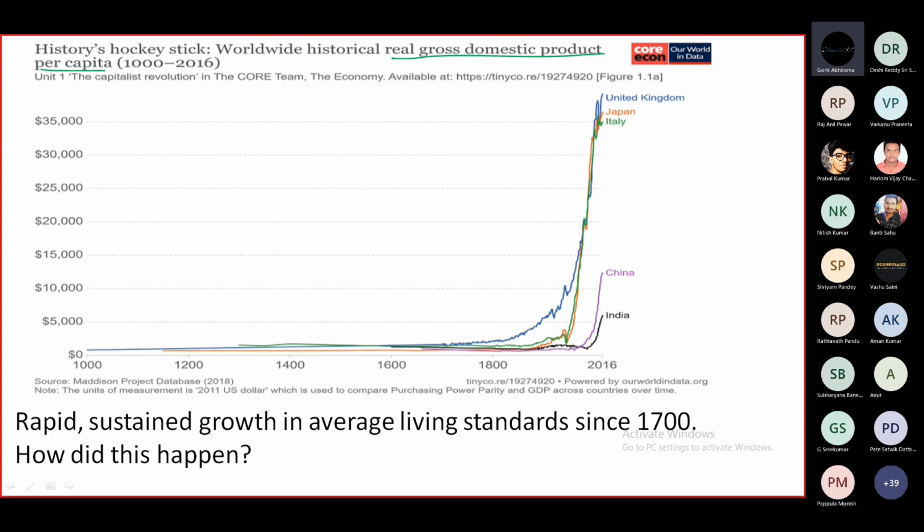We can generate a graph like this. So what are the things we can observe from this graph?